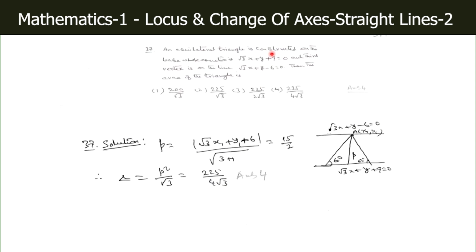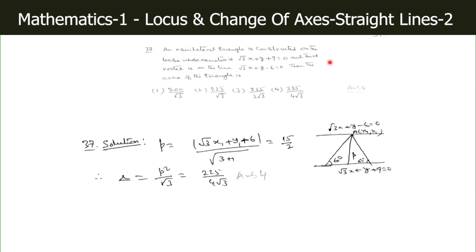An equilateral triangle is constructed on the base whose equation is root 3x plus y plus 9 equal to 0, the base, see the figure. And the third vertex is on the line root 3x plus y minus 6 equal to 0.